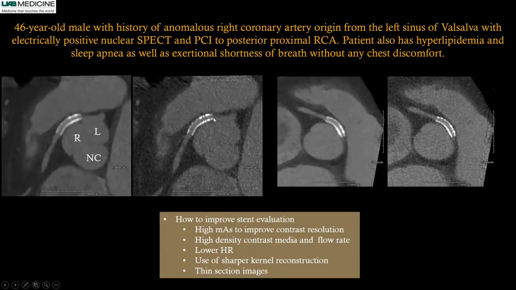In this patient, a stenting was done, and since he was having some symptoms, we looked at his coronary arteries. This stent is clearly patent. You can see the contrast nicely, no in-stent stenosis within it. Here are the two different kernels I showed you, smooth kernel and sharper kernel. You can see the sharper kernel is helpful.